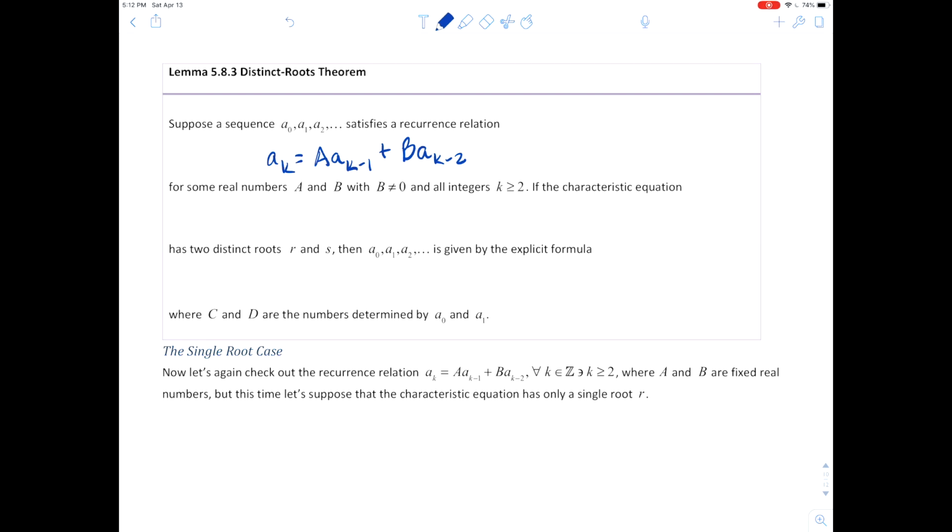If the characteristic equation t squared minus A times t minus B is equal to 0 has two distinct roots, r and s, then A0, A1, A2 is given by the explicit formula A sub n is equal to C times r to the n plus D times s to the n. Isn't that cool? Where C and D are the numbers determined by A0 and A1.